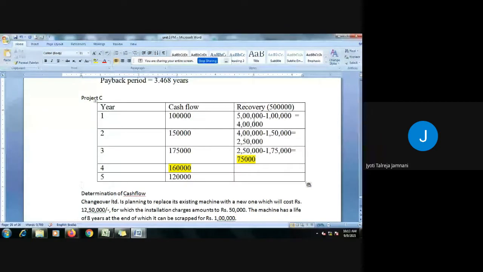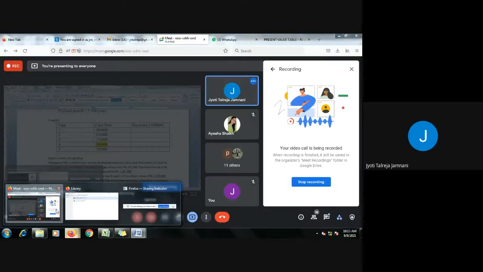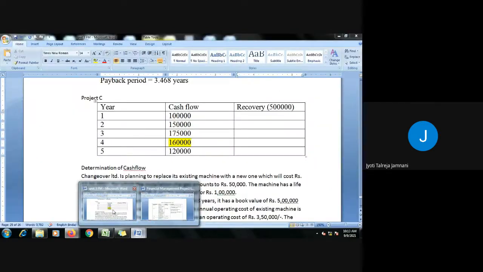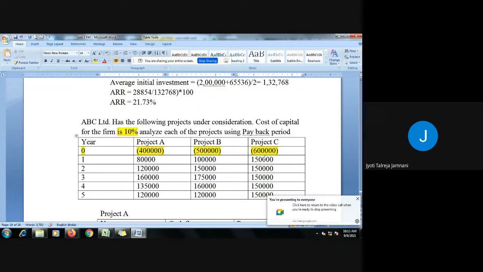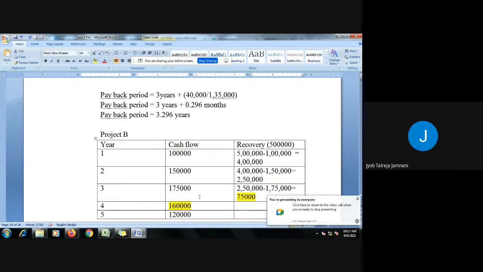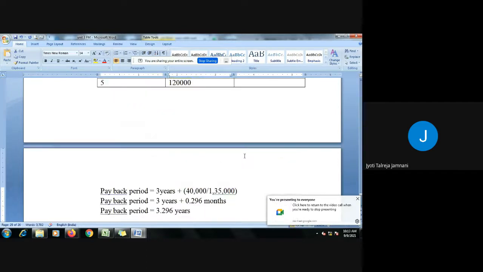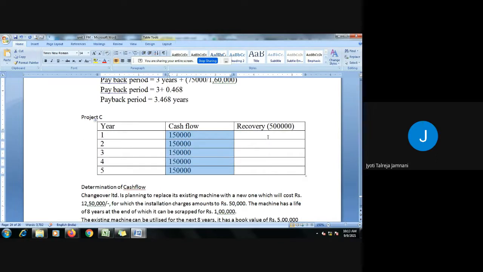So we take down the cash flows of project C. Same 1 lakh 50, 1 lakh 50 every year, and 6 lakh is the investment.